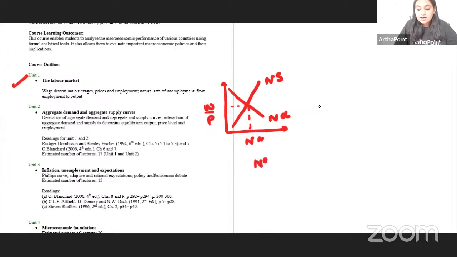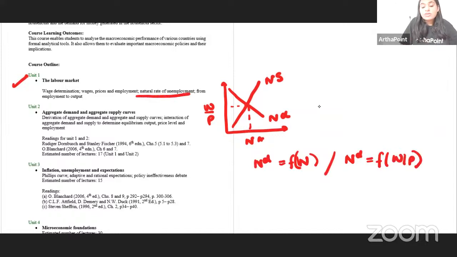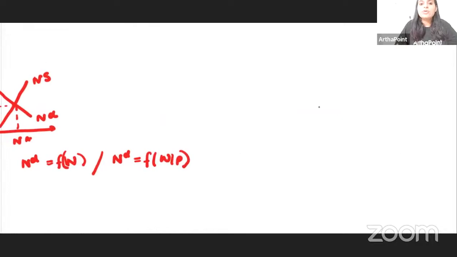Does demand depend on nominal wages, a function of W, or on real wages? What is the natural rate of unemployment? What happens when everybody is employed in the economy? And finally, how do you go from output to employment?